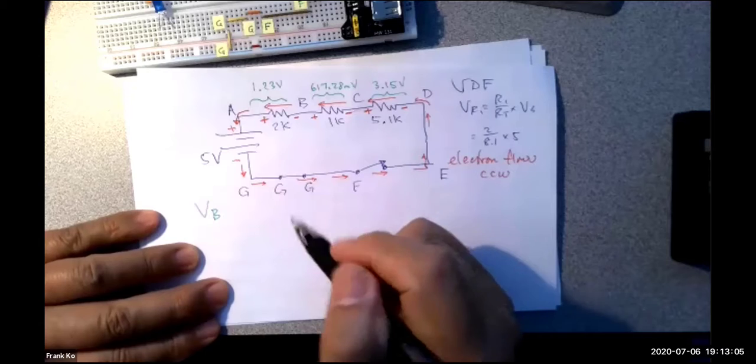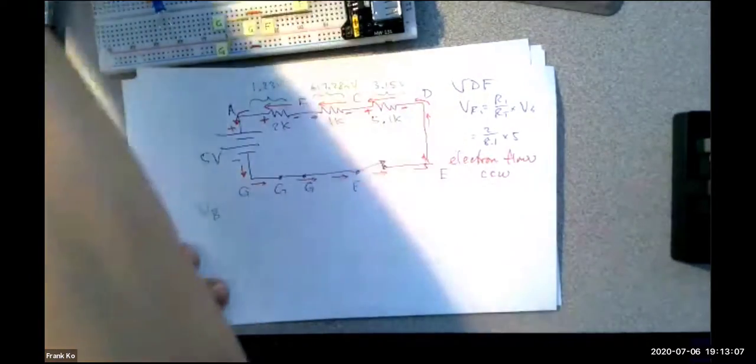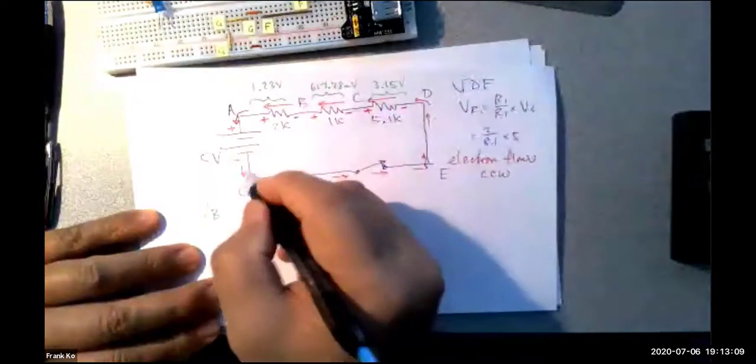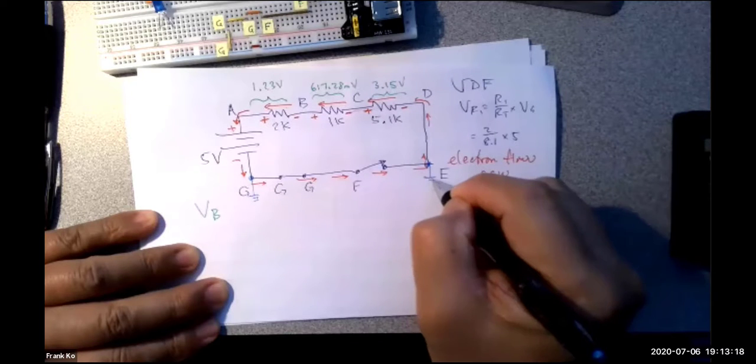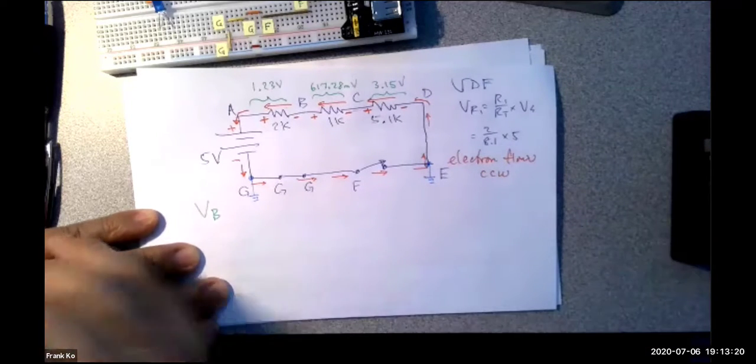Ground. And where is ground shown in this particular circuit? Ground in this particular circuit happens to be attached right here. Is this ground? Is this side also ground? Yes. Are these the same point?